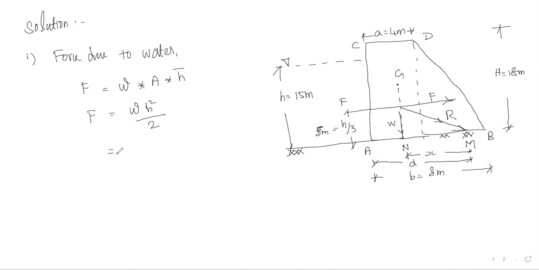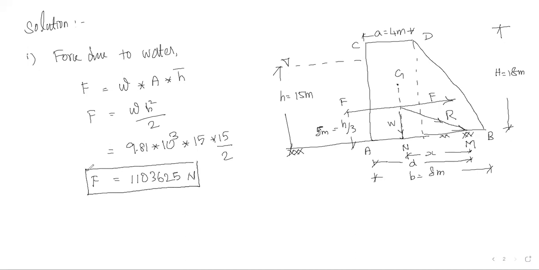So 9.81 into 10 to the power 3 into 15 squared by 2. So it becomes 1103625 newtons, the F value.